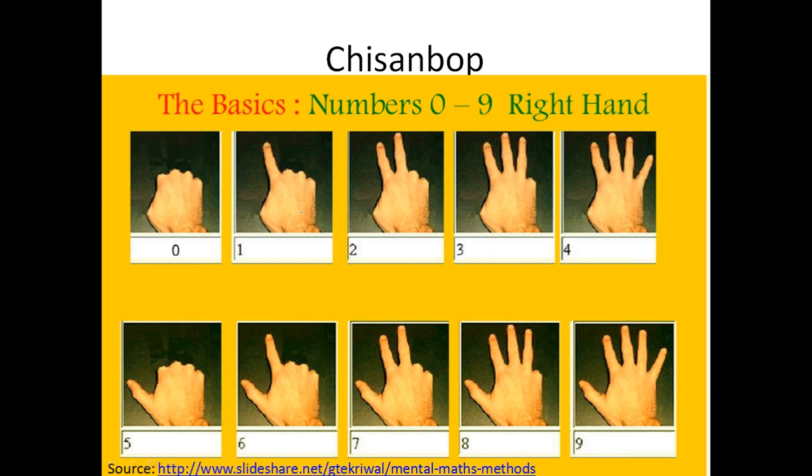With your fist closed, it's 0, and then gradually opening one finger at a time, you get 1, 2, 3, 4. Then comes the big difference. 5 is your fist closed and the thumb out, and then you follow it up to 9. So this is how numbers 0 to 9 are signified in this system, the Korean system.